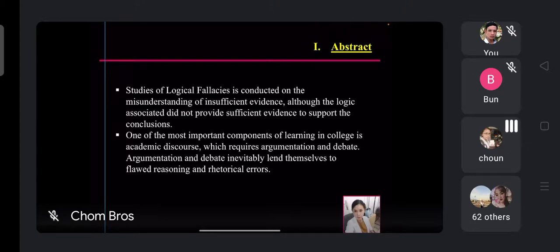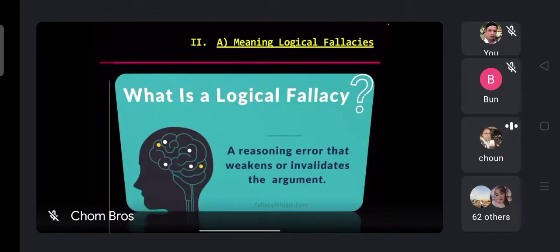In argumentation and debate, people learn to follow the flow of reasoning and to spot rhetorical errors. It means many of these errors are considered logical fallacies. Okay, please move to the next slide.